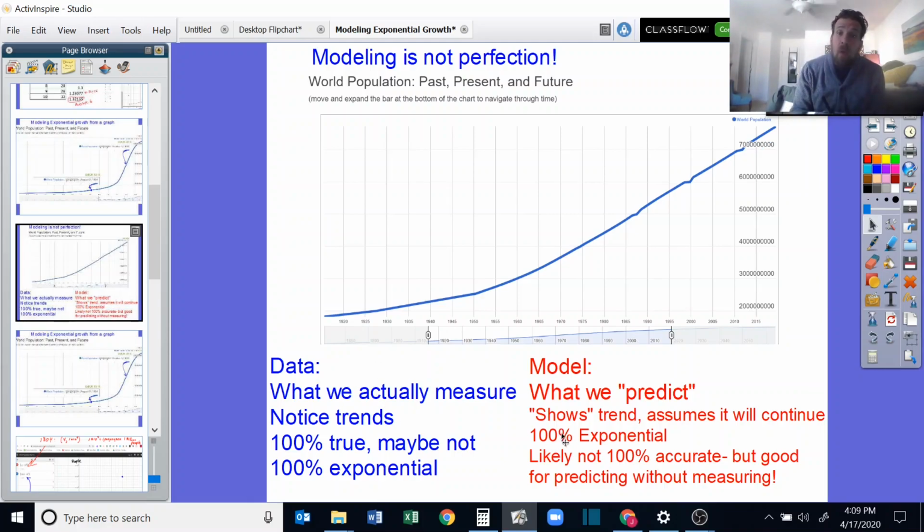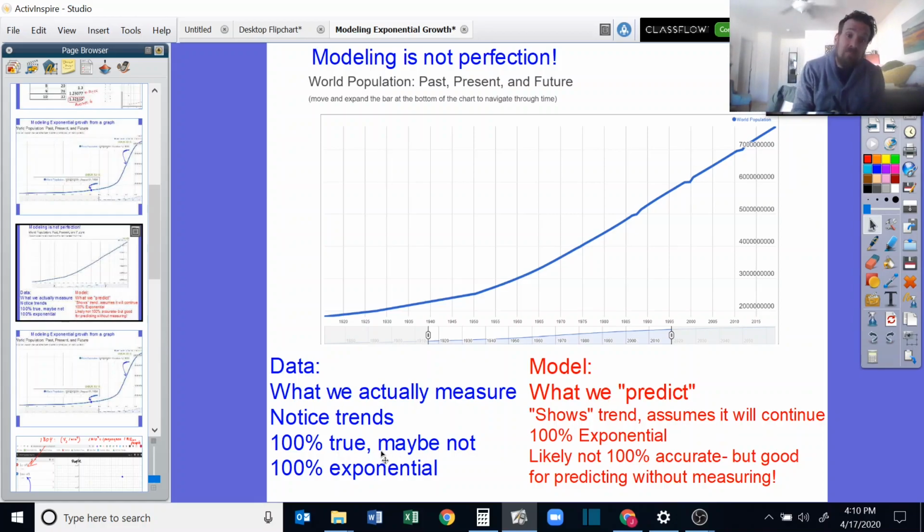So then we take the model and it shows that trend, assuming that trend will continue the same way. If we assume that the growth is going to continue to be exponential, the rule that we write for that will help us to predict.